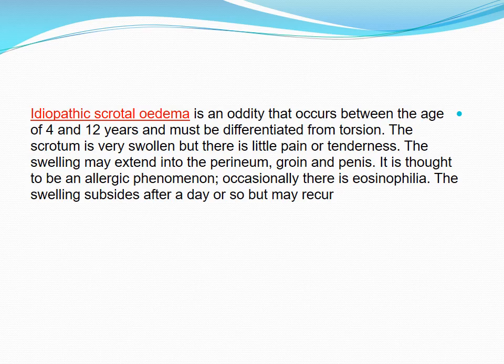The swelling may extend into the perineum, groin, and the penis. It is thought to be an allergic phenomenon, maybe insect bites or something else. Occasionally there is eosinophilia. The swelling subsides after a day or so, but there is a chance of recurrence of this condition.